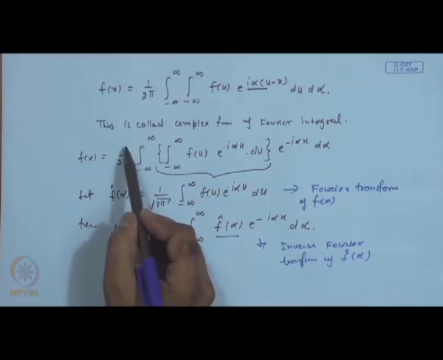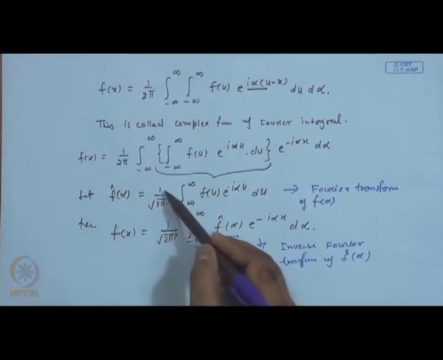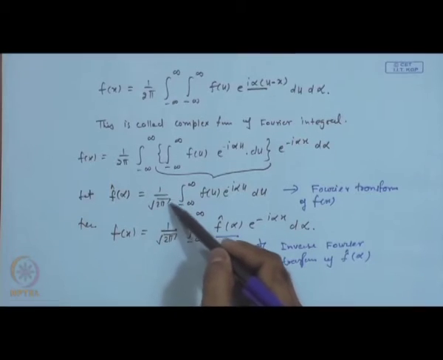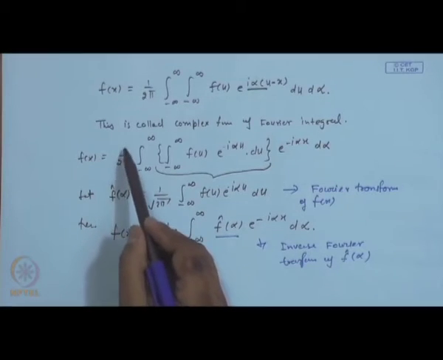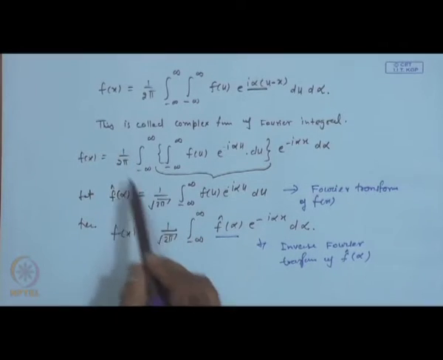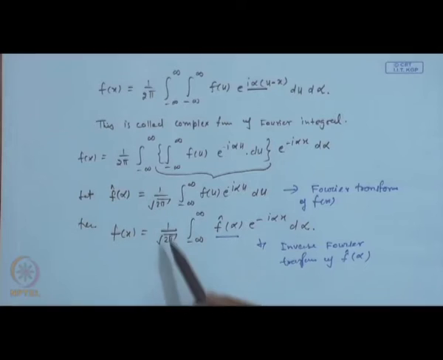Another point is that we have taken this factor 1 over square root 2 pi in both cases to have the same prefactor. But what we can also do is take the complete factor 1 over 2 pi either with the Fourier transform or with the inverse Fourier transform. So that is possible.